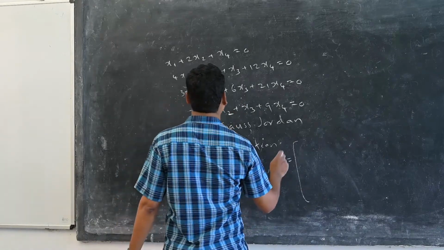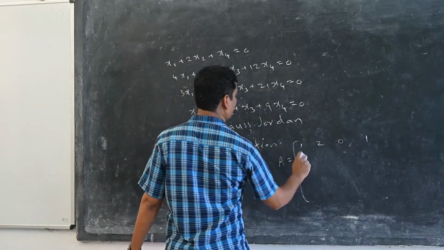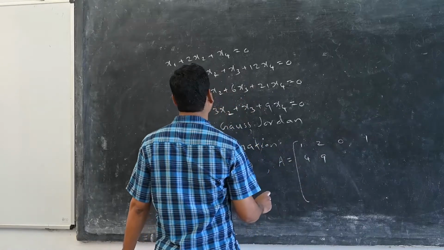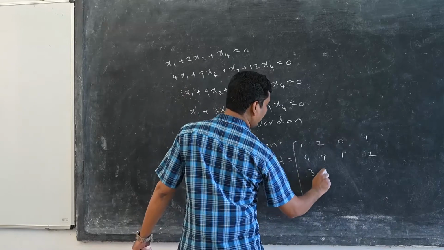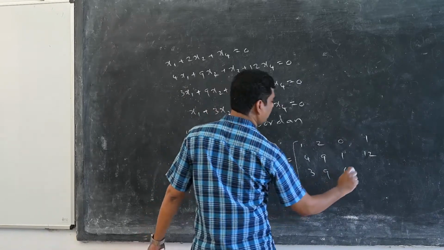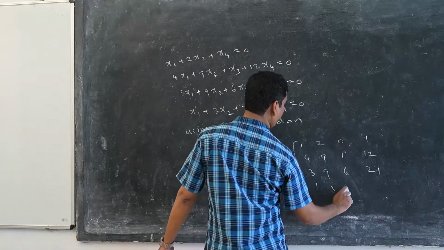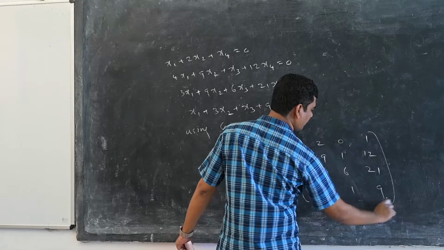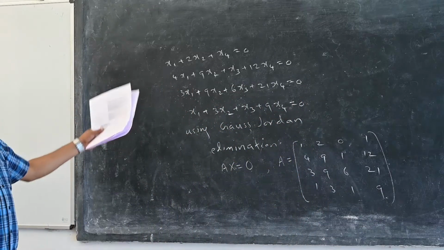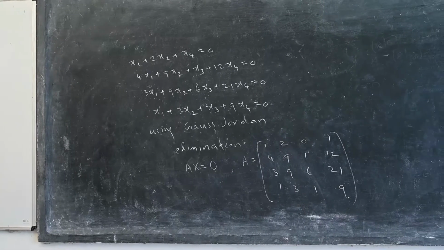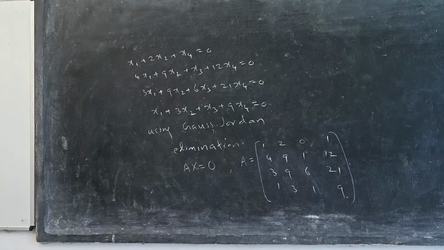It is 1, 2, 0, 1, 4, 9, 1, 12, 3, 9, 6, 21, 1, 3, 1, 9. In the first equation, coefficient of x3 is 0.